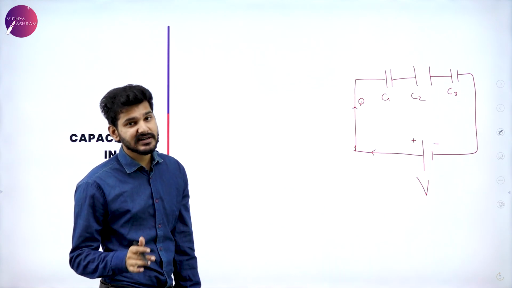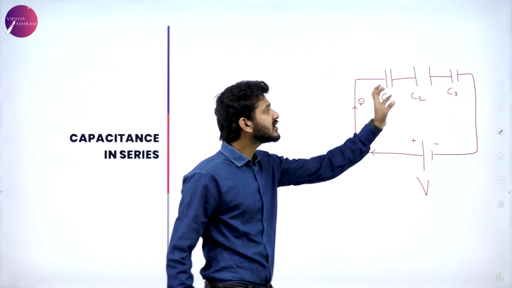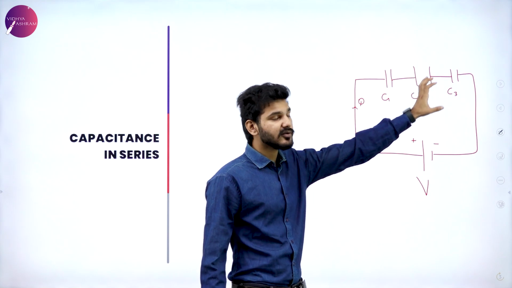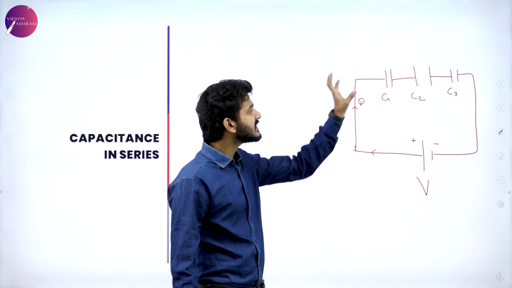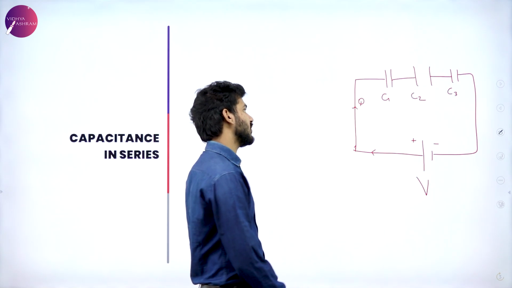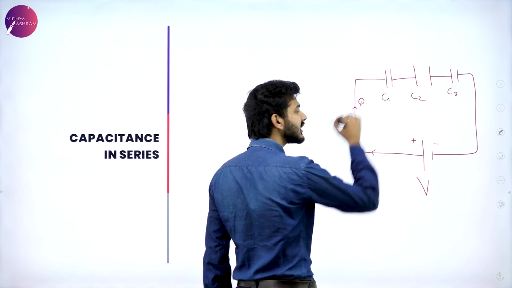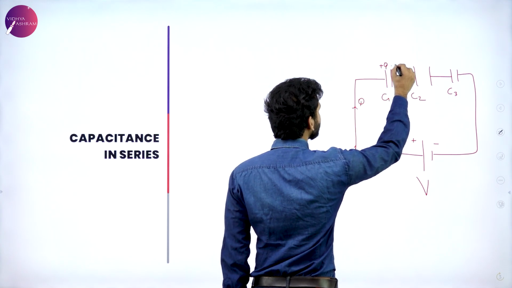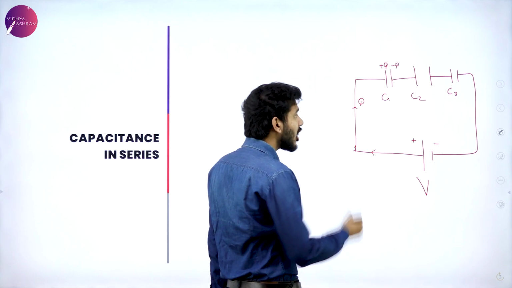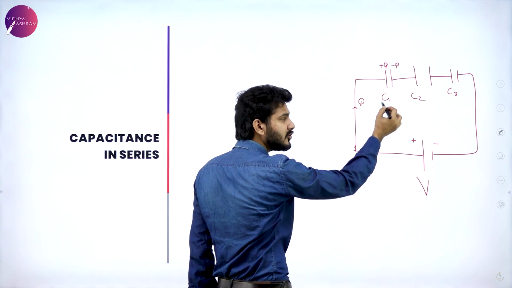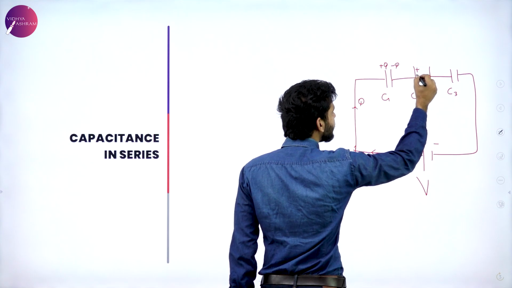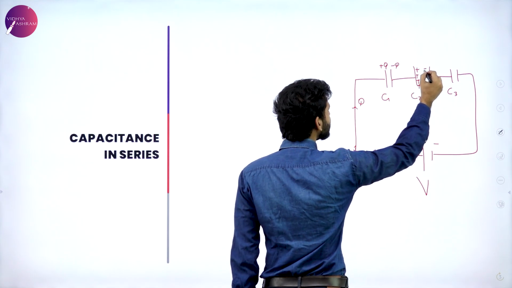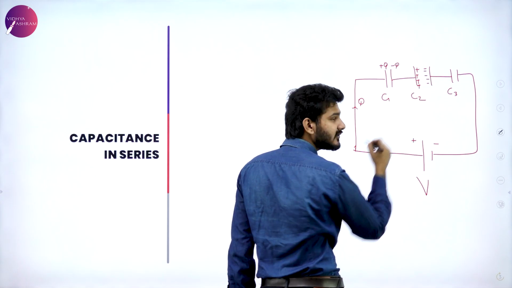One thing to remember is that it is not Q1, Q2, Q3 charges being stored. It is just Q amount of charge being stored in each capacitor. So when this capacitor gets charged, here it will be positive Q, here it will be negative Q. Why? Because when the charge gets accumulated, here it will be positively charged, and then automatically the other plate will be negatively charged.